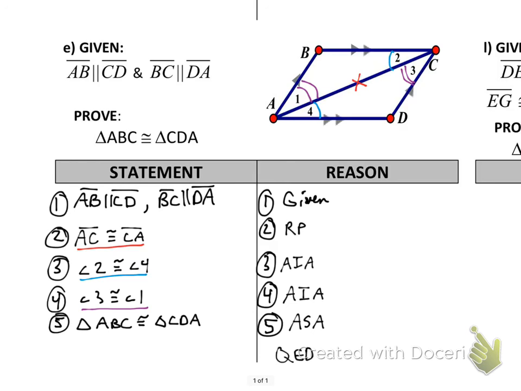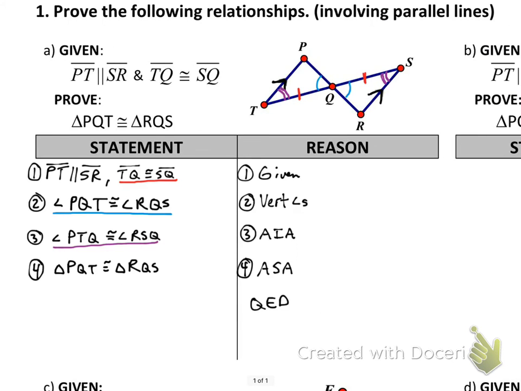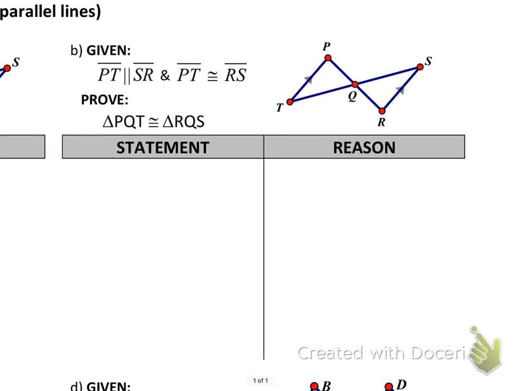So anyways, you do have about 20 minutes left in class. There are some proofs on this page that we haven't done. I'll tell you how many lines are in each proof, and then you guys can work through it from there. So let me go back to B right here. This one has 4 lines.